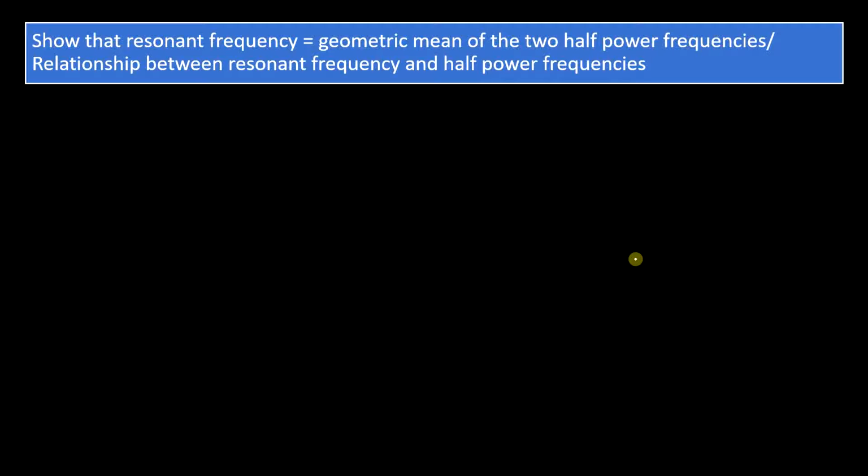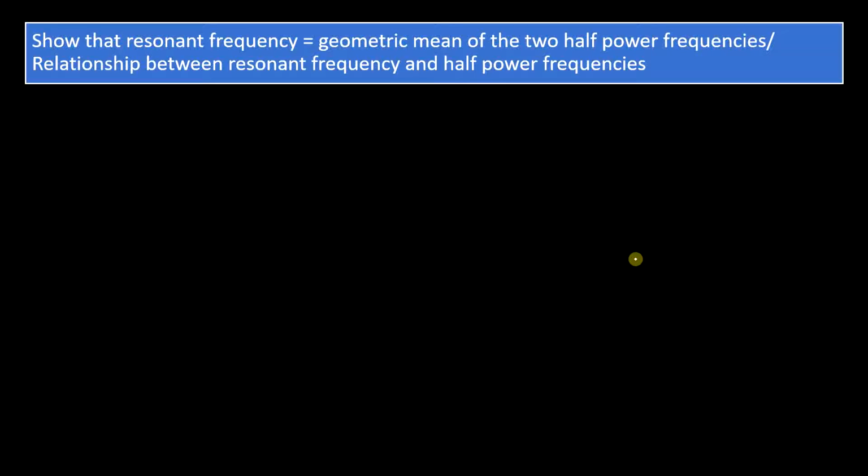That is, you need to show that the resonant frequency is the geometric mean of two half-power frequencies, or obtain the relationship between the resonant frequency and half-power frequencies. Before you get into this concept, you should know what happens at half-power frequencies. Just make a note of this before we begin.